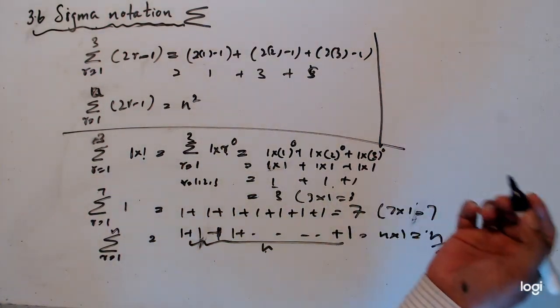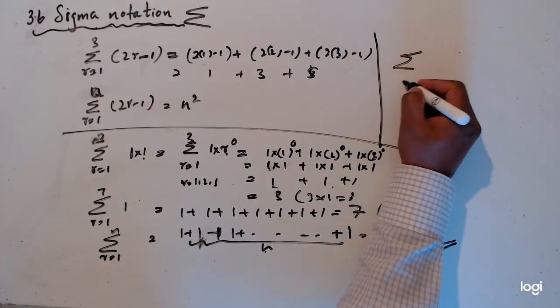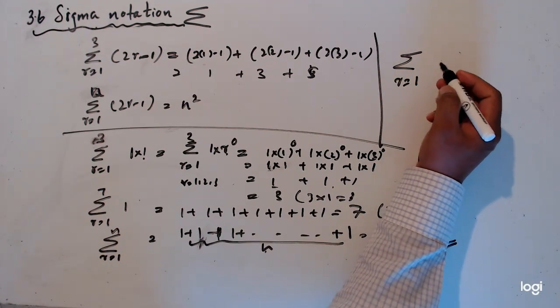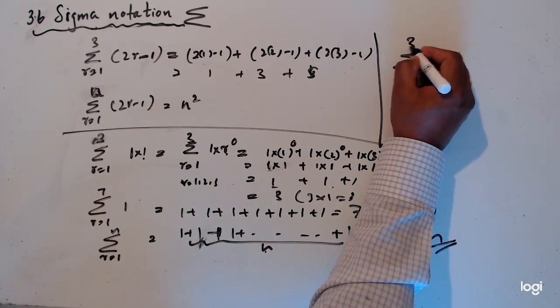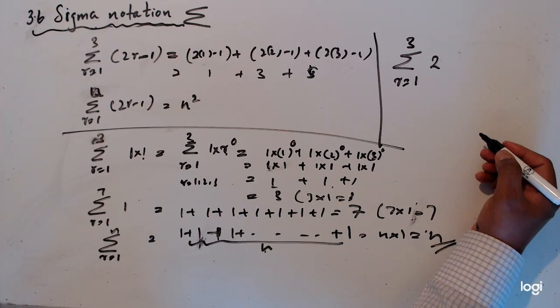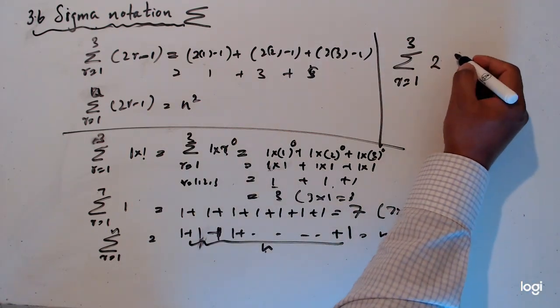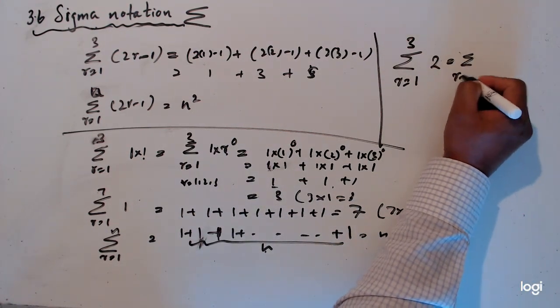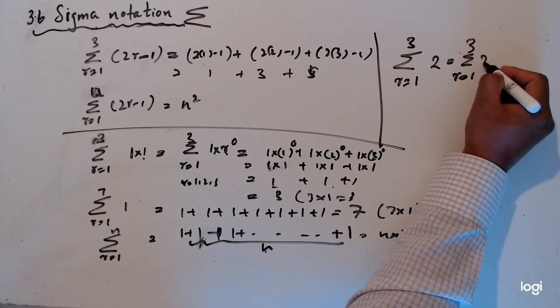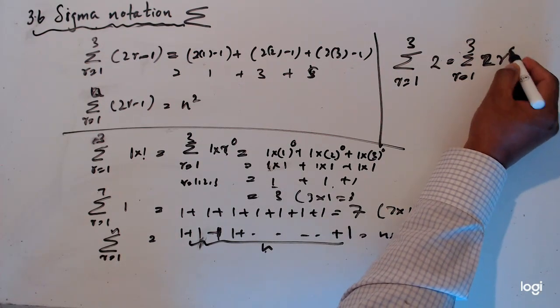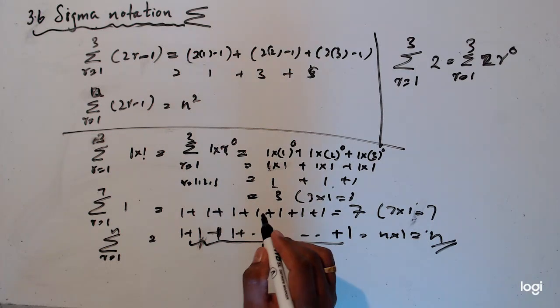How about this one, r equal 1 to 3 of 2? If we want, you can write the summation of r equal 1 to 3 of 2 times r to the power 0, and you can work it out like that.